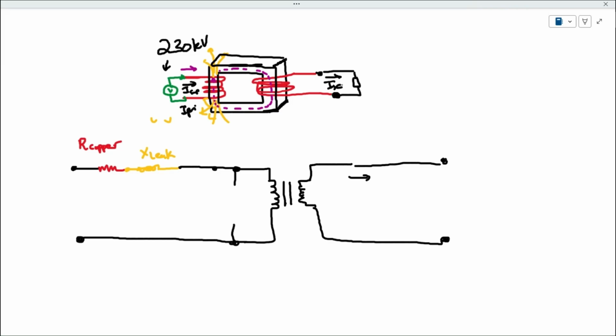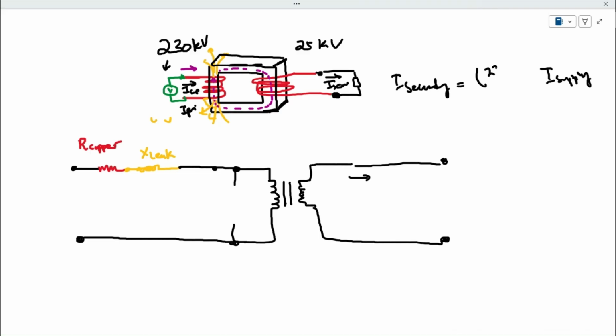The relationship is fairly simple. Let's assume this is a 230 kV to 25 kV transformer. So I secondary is equal to what I supply. But since this is a step down transformer in voltage, the current will be higher, right?